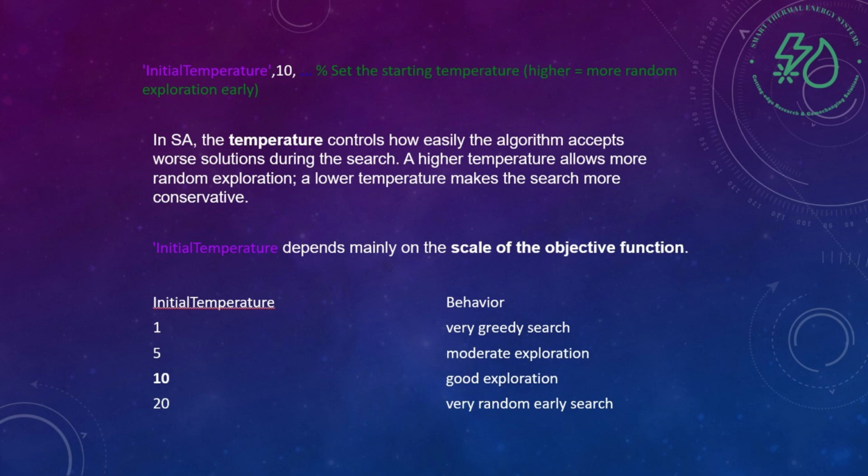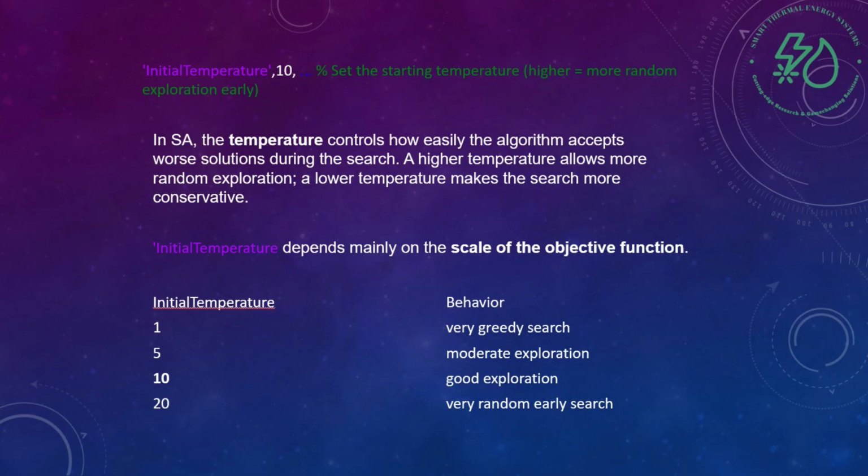The initial temperature depends mainly on the scale of the objective function. But just as an example, here if you pay attention to the table, if we suppose that 20 creates a very random early search during the process of the optimization, then we can guess that, for example, 10 would be a good exploration number.